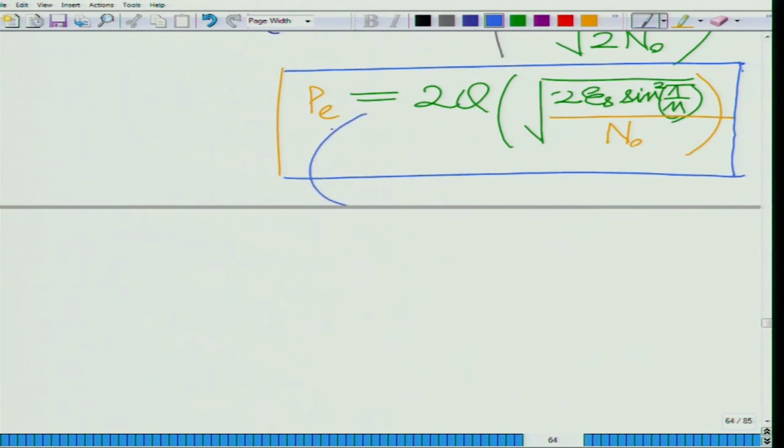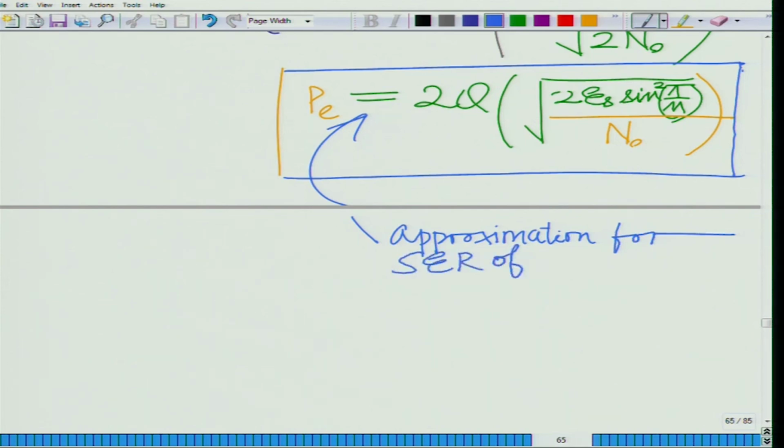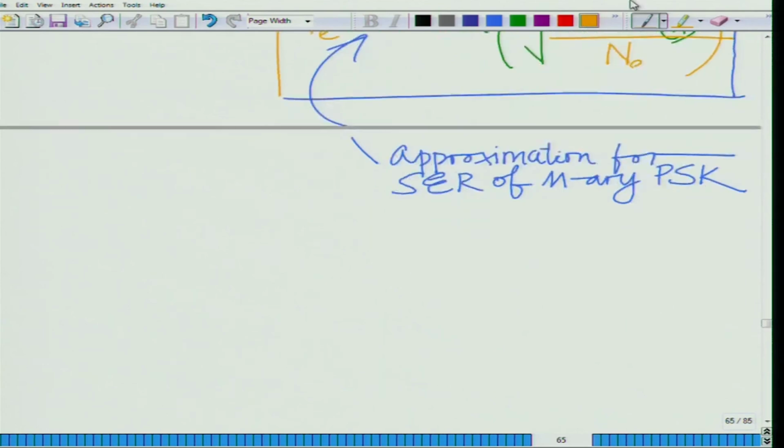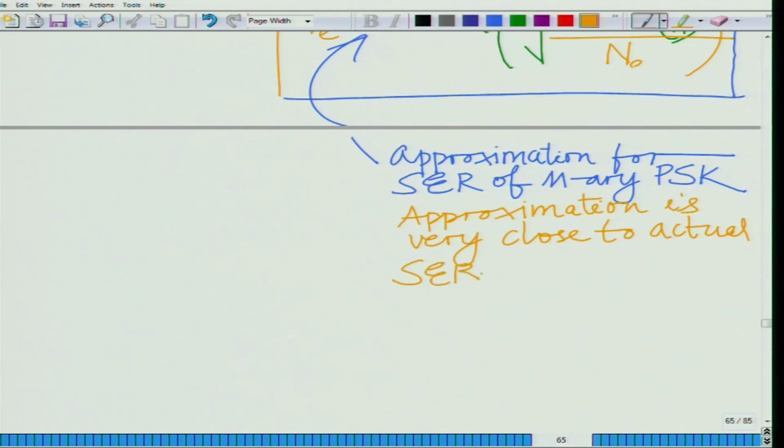So, this is a very useful approximation for the symbol error rate of M-ary PSK, and the approximation is very close to the actual SER at high Es over N naught.